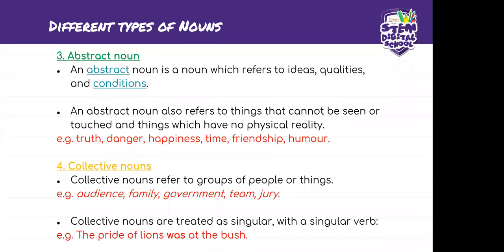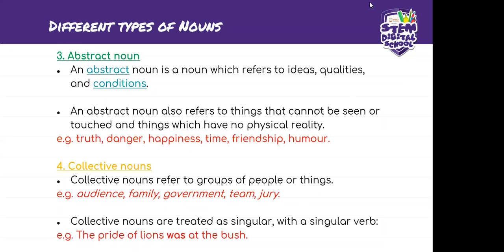If I'm talking to you and we are brainstorming ideas on how to build a house, the ideas that you have are abstract because I cannot see them. I cannot point at your idea and say, this idea right here is very good, let's go with it. No, because it is abstract.